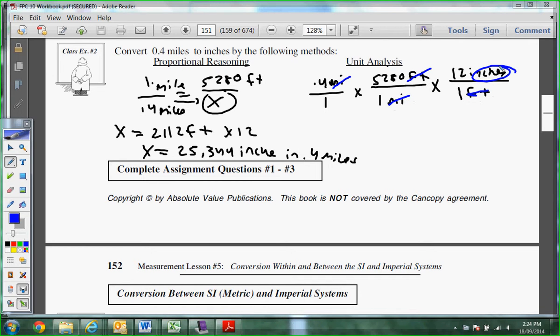I'm left with inches, which is what the problem wants me to have. I have all ones at the bottom, so that's nice. So it's just 1. And then I just times the top, which you'll get the same thing we just got. You'll get 25,344 over 1, which you don't need the over 1 inches. That's the difference. Unit analysis and proportional reasoning. Again, we can talk about that some more after this if you'd like.